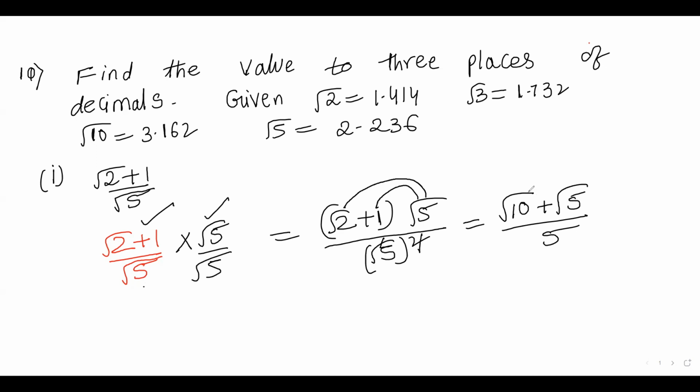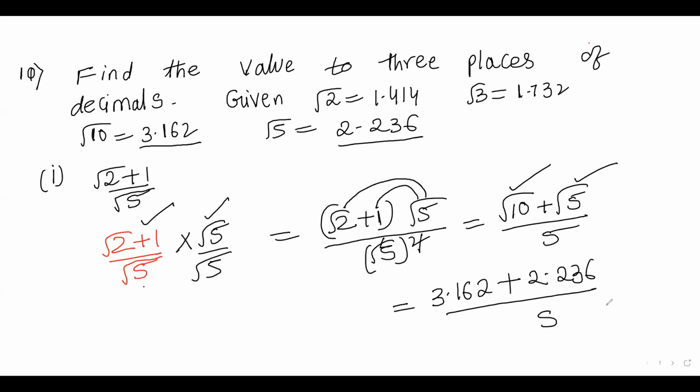Substitute root 10 value. We have root 10 value 3.162. So I'm substituting. This is done. And root 5 value is given as 2.236 by 5. Add these two.